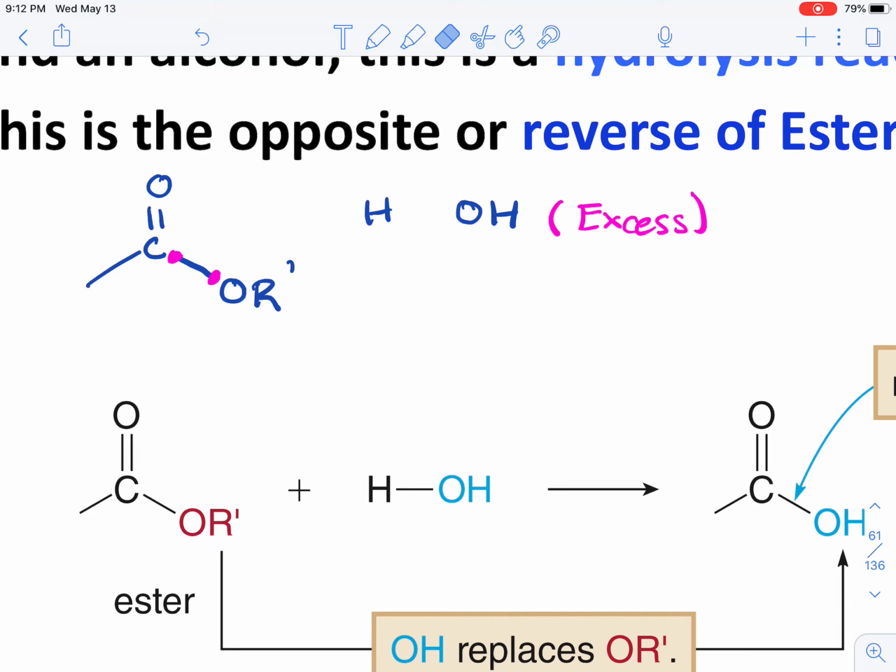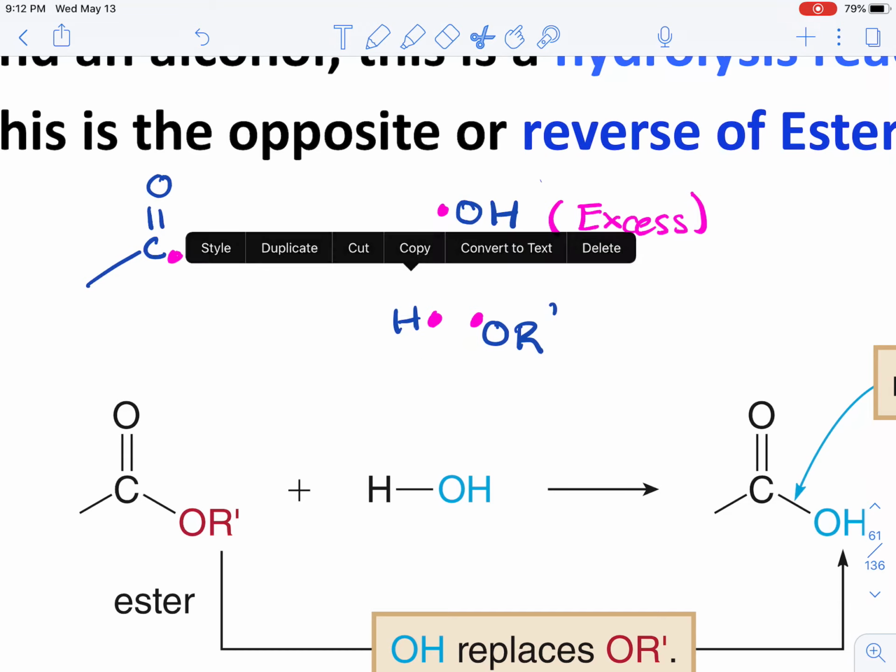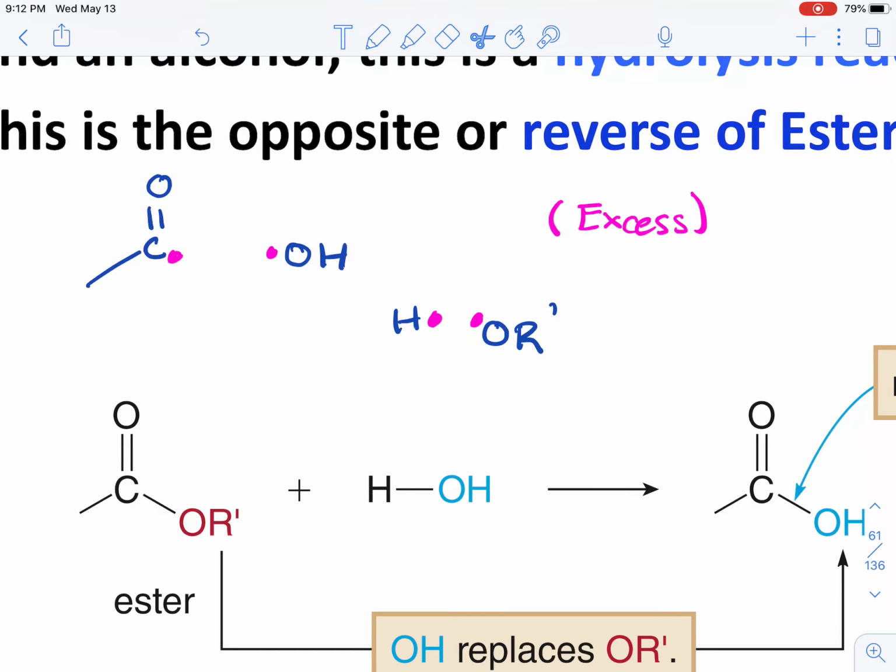And so when they break, remember that a covalent bond is composed of two electrons. And so when they break, those electrons go back to their original owner, allowing these substances to kind of move around.